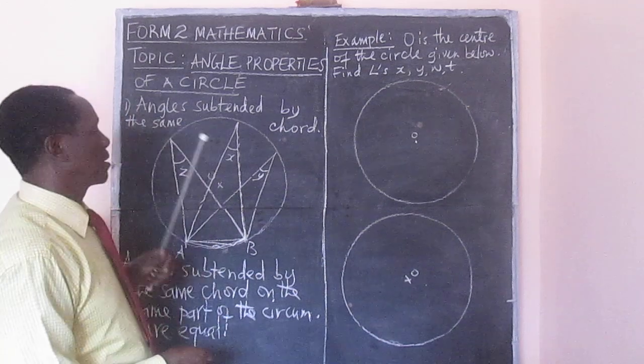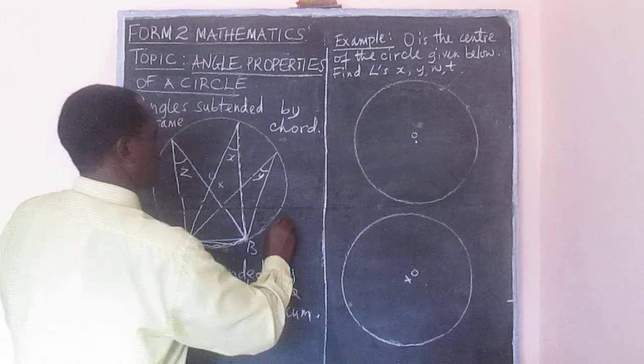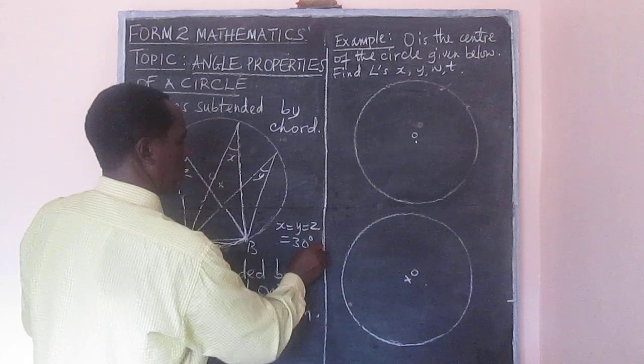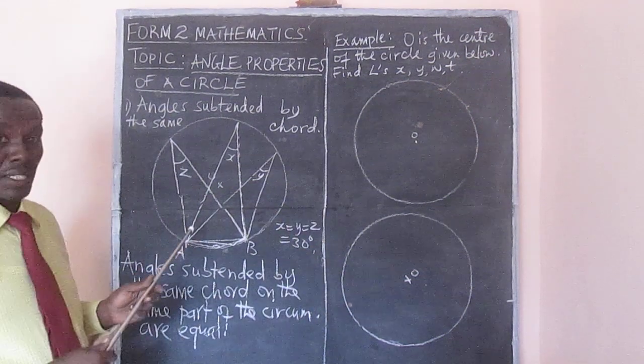In other words, you should find that x is equal to y is equal to z equal to 30 degrees for this particular one.